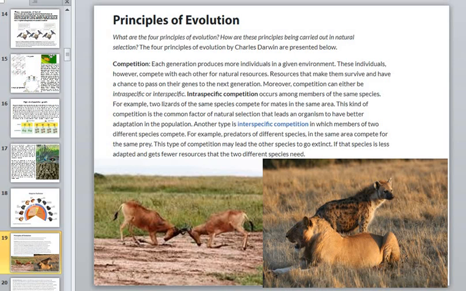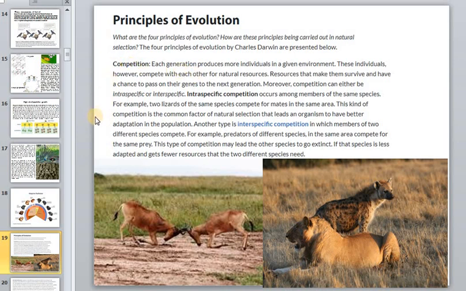What are the four principles of evolution? How are these principles being carried out in natural selection? The four principles of evolution by Charles Darwin are presented below.